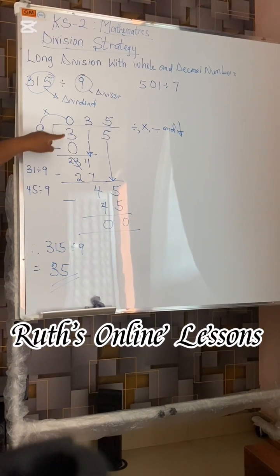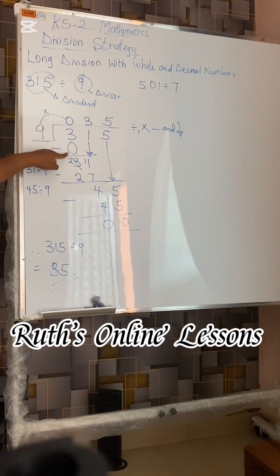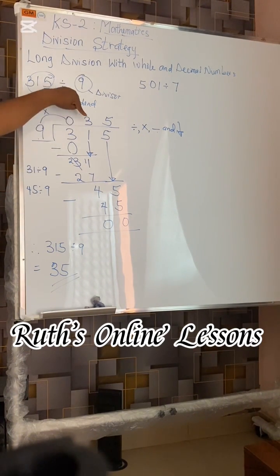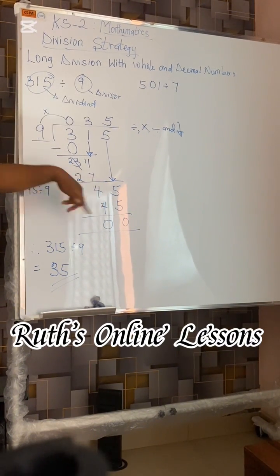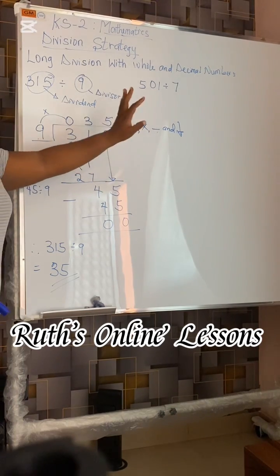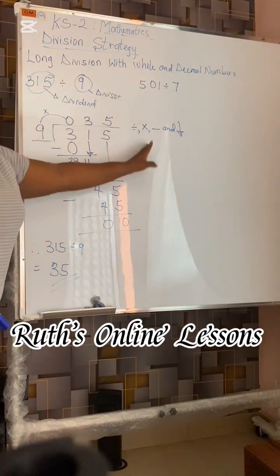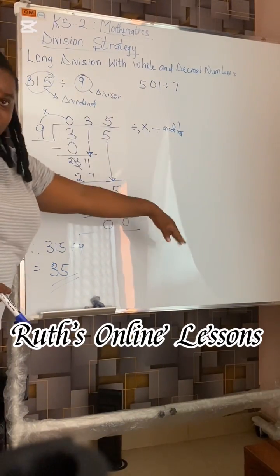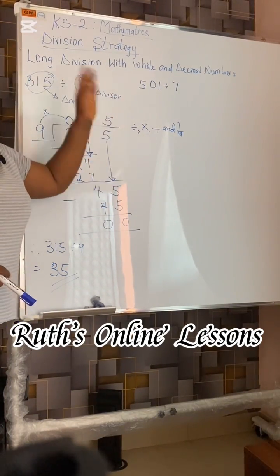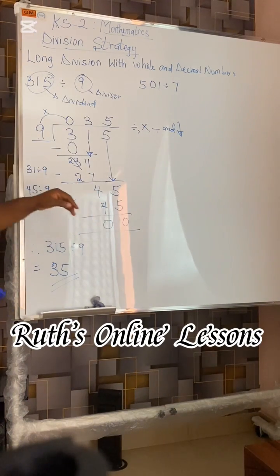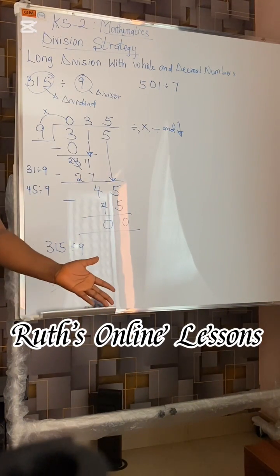And once you do that, you subtract what you have previously and what you got. Then whatever you get after subtracting, whatever you have next, you pull it down. You divide, you multiply, you subtract, you pull down, until there is nothing left for you to pull down.